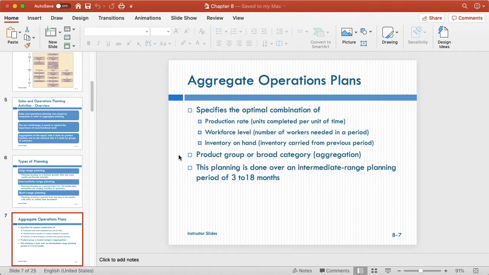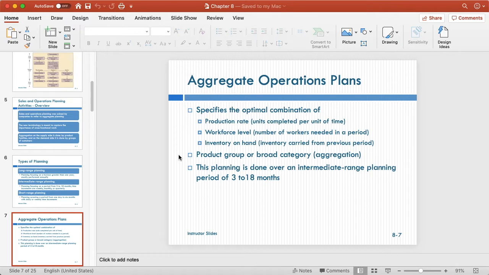Now for the aggregate operations planning. Before we jump to the application, you can see here are some terms that we will probably use when we deal with the example. Let's get some sense about these different terms.